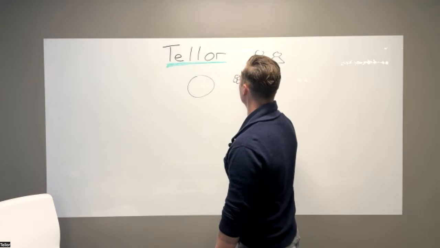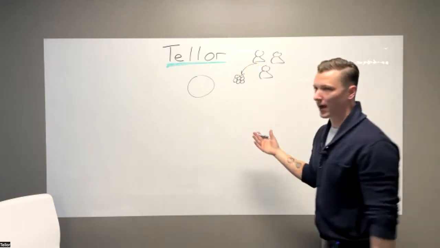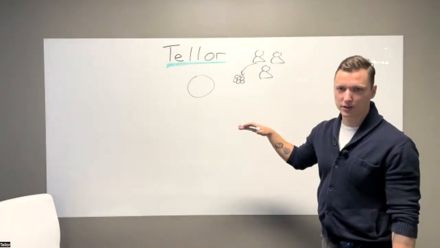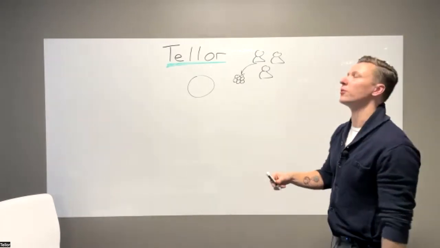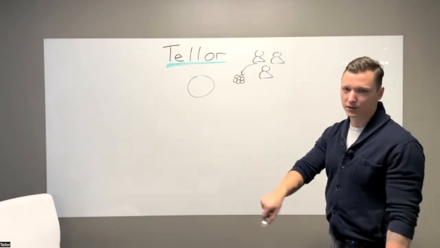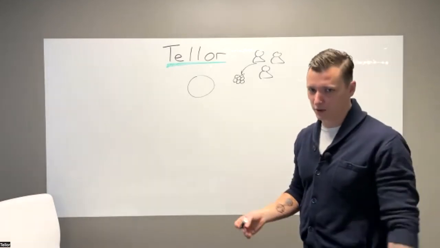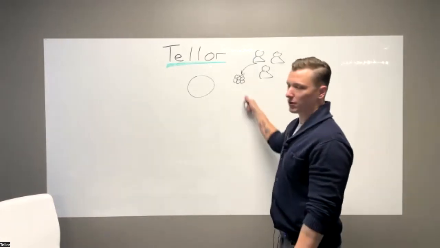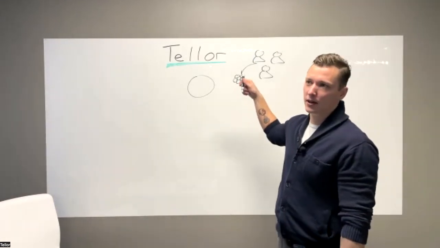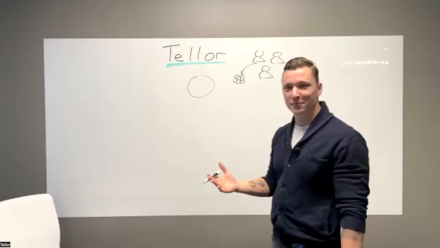The way that Cosmos works is you have a max number of validators in your set. Do you want 50? Do you want 150? You could have 2,000 if you want. The trade-off is that as the number of validators goes up, so does your block time, the consensus time.